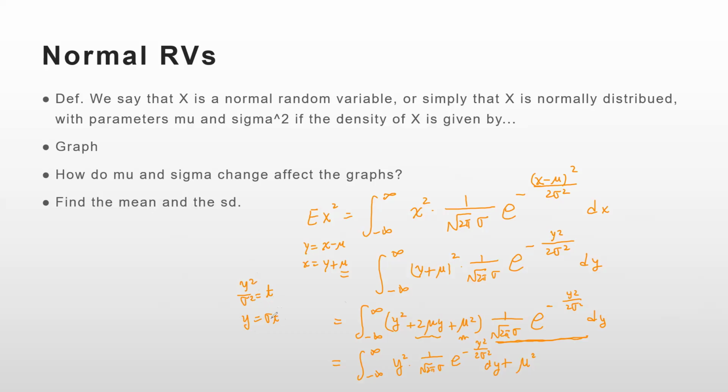Okay, so I have y over sigma equals t and y equals sigma t squared.